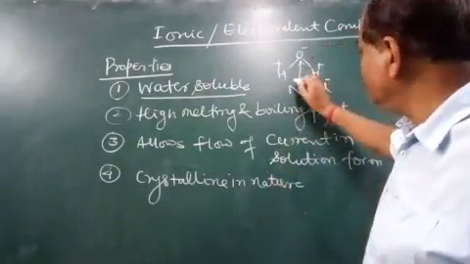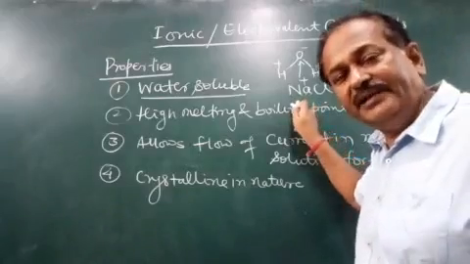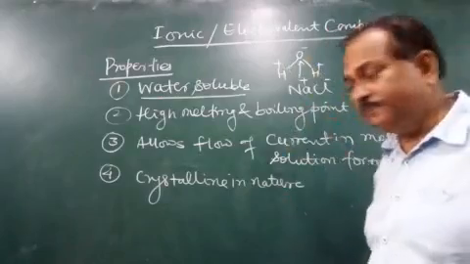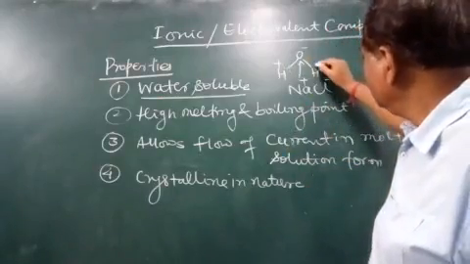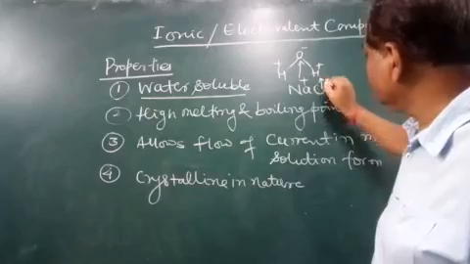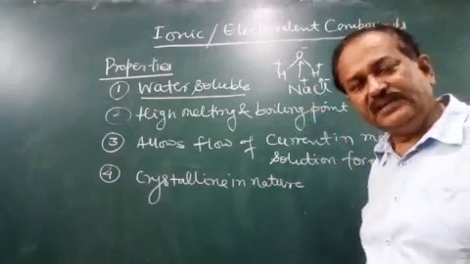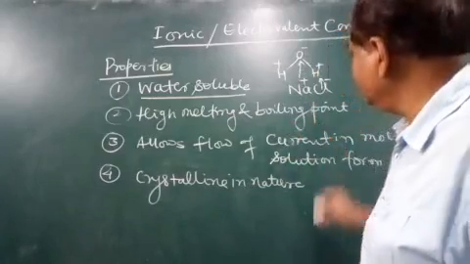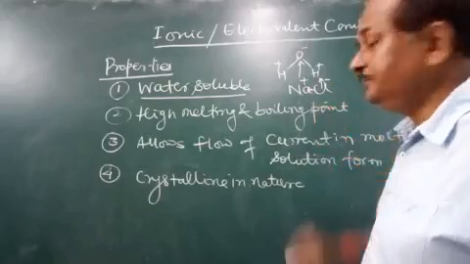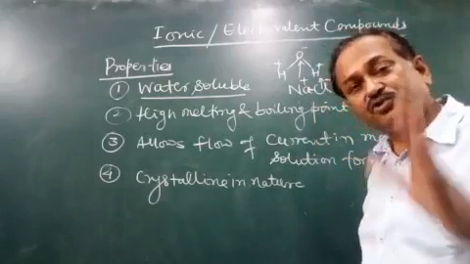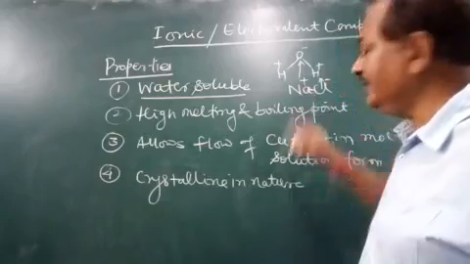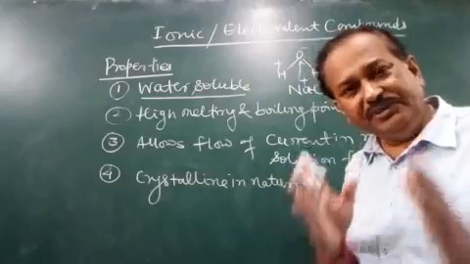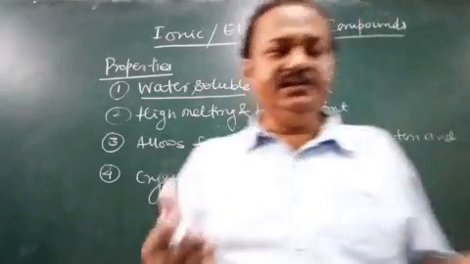So the positively charged portion of the ionic compound will be attracted toward the oxygen, and the negative portion will be attracted toward the hydrogen, that is the positive part of the water. As a result, the force of attraction between the sodium and chloride ions will become weak, and as a result it dissolves away.